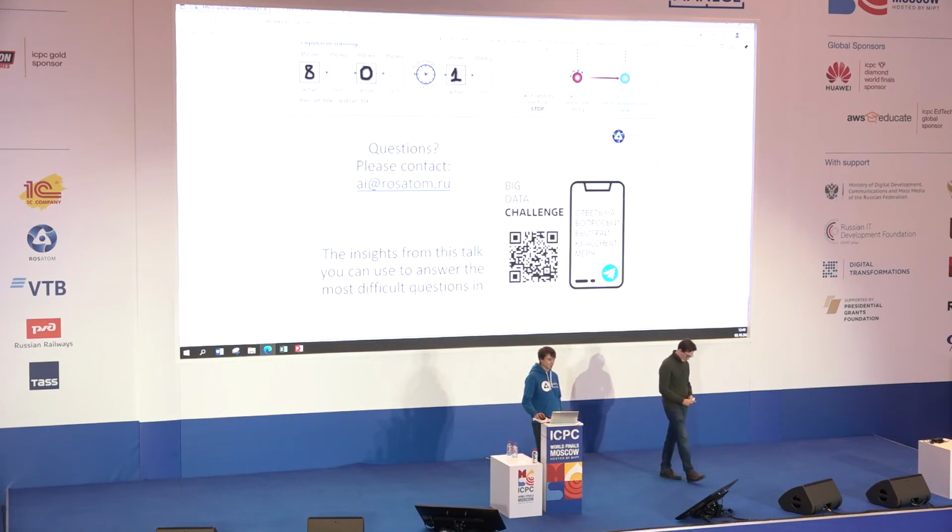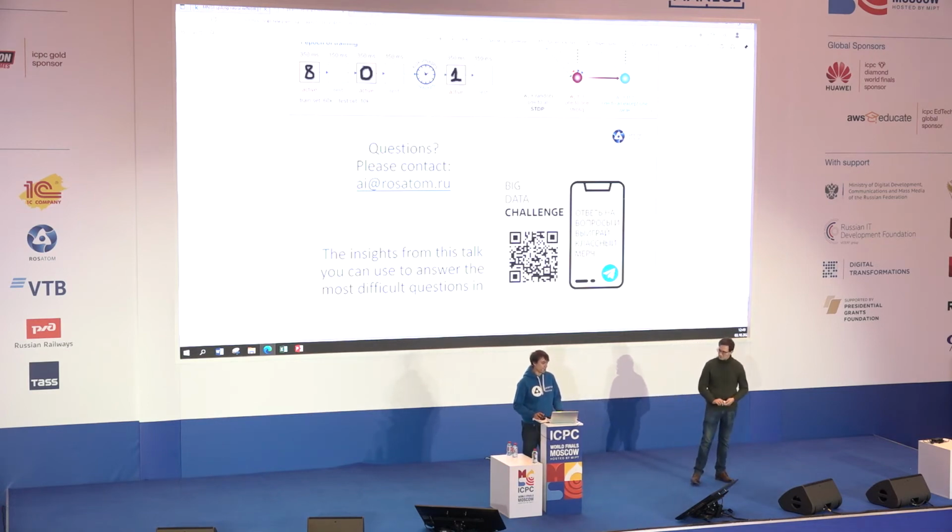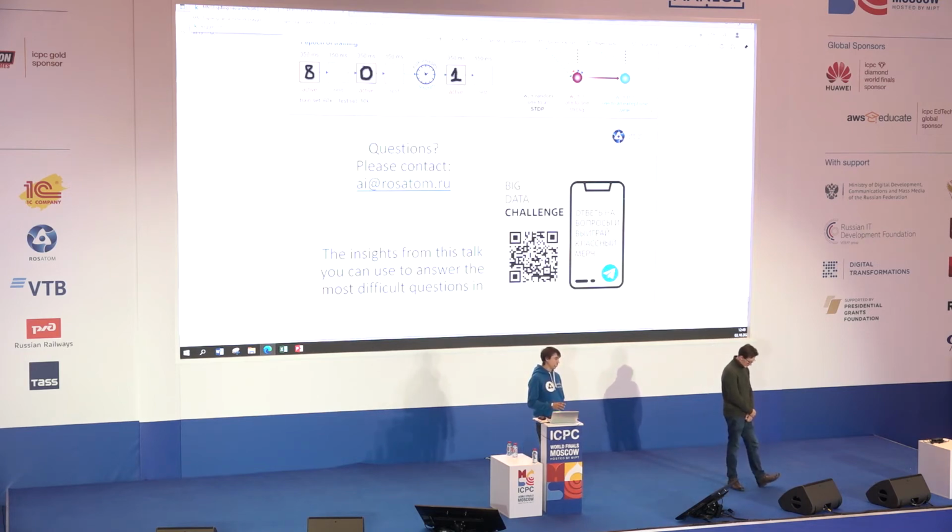Actually, we cannot say that we use spiking neural networks in production because the scores we observe are lower than classical applications. But we know that such solutions have significant benefits. For example, local learning. If we construct such solutions, they will be very energy efficient because there is no backpropagation for learning such a network.